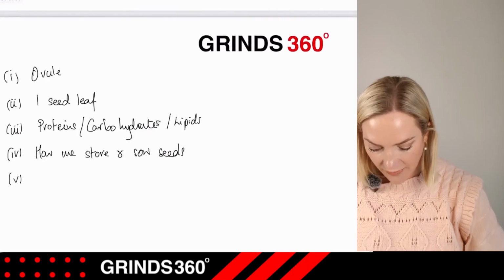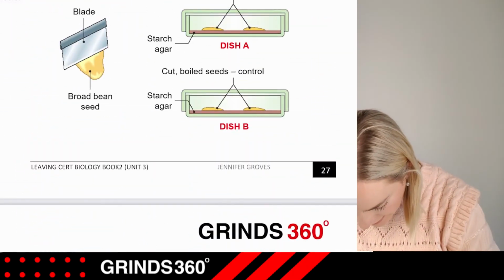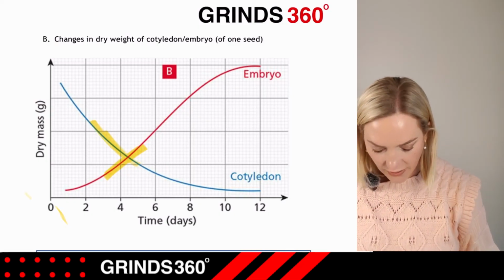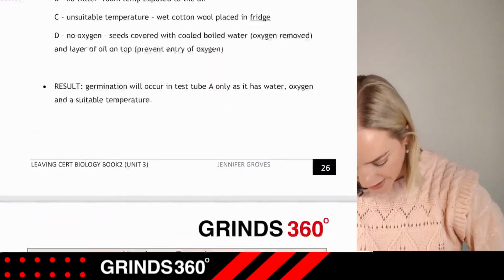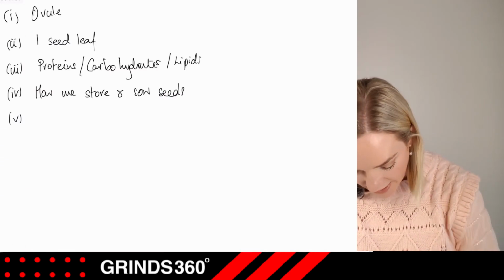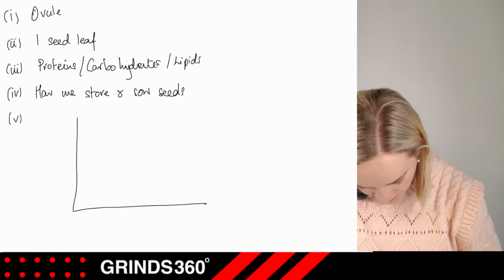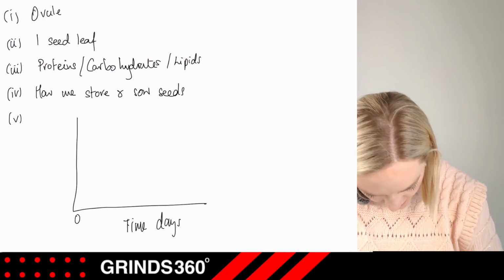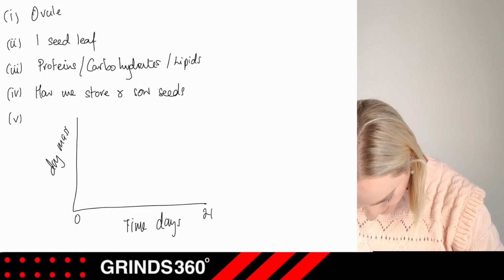So that diagram is kind of like this diagram here, okay? If the graph is a bit like that, let me just draw it in, that's better. So just to show you here: time in days, 0 to 21, and dry mass in grams.